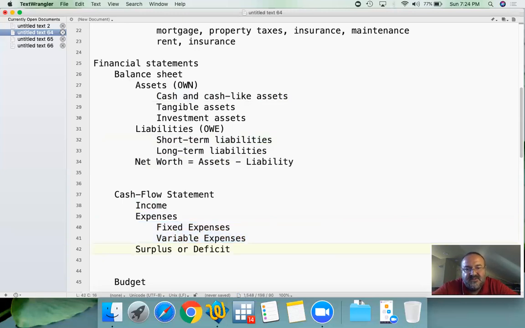So a surplus is when your income is greater than your expenses. And this is good because that means you're actually earning more money than you're spending. That allows you to save, that allows you to invest, and that allows you to accumulate wealth. The deficit is when your expenses are greater than income.